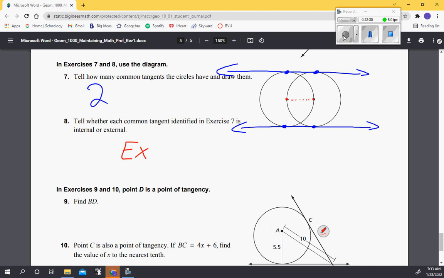Both external. You know, there's going to be times where, like in my example, there's 2 internal and 2 external. And in this scenario, it's both external.